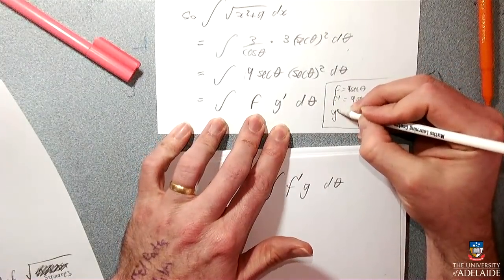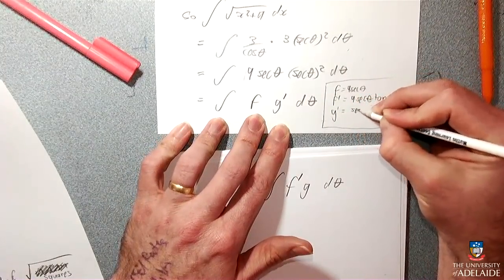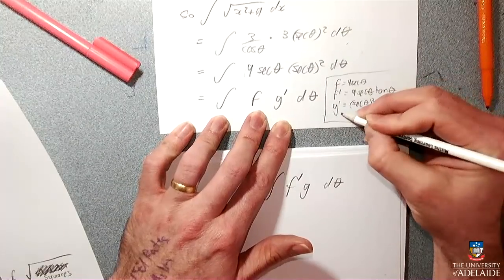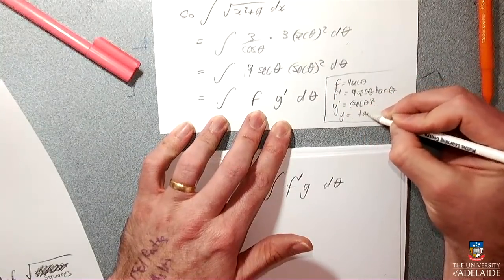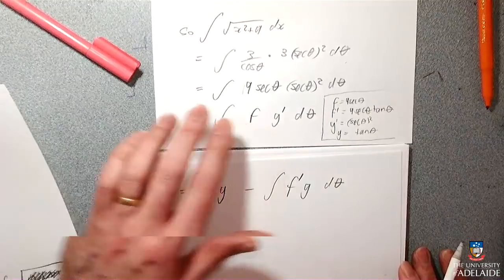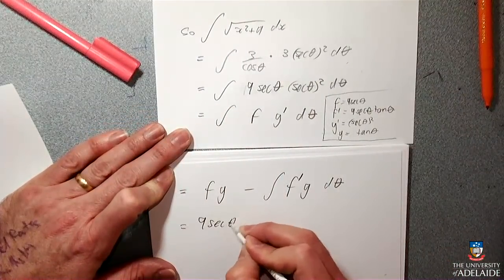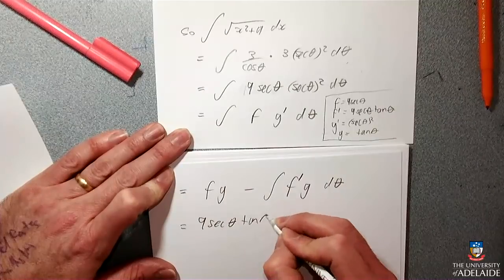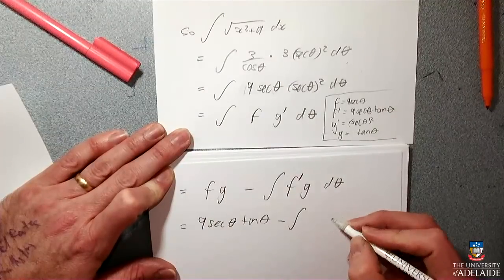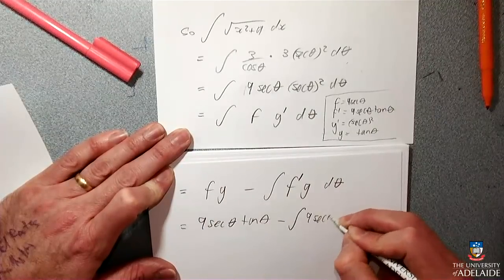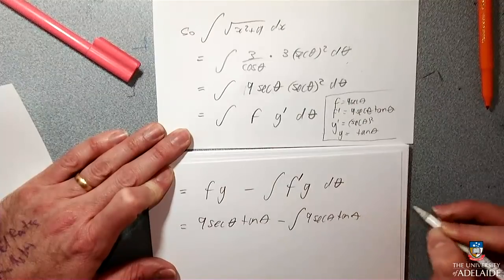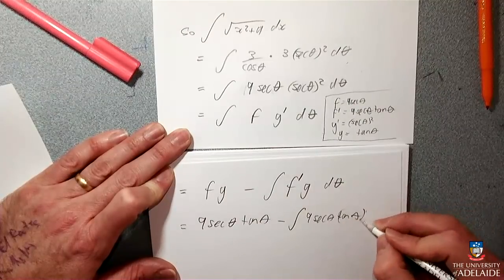And g dashed was sec theta squared, and so g is tan theta, because that's the integral of sec theta squared. Okay, so we have f is 9 sec theta, g is tan theta, f dashed is 9 sec theta tan theta, g is tan theta.